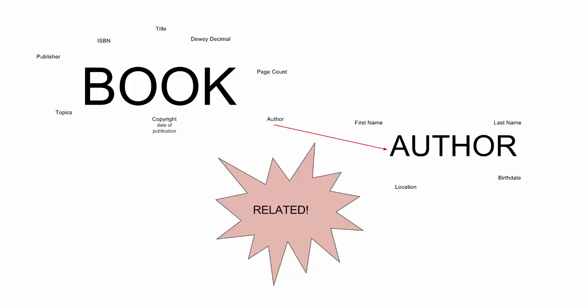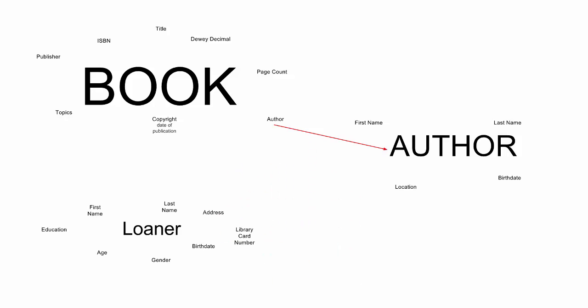You have people that are loaning or taking books out of the library. So now you've introduced this entirely other data element or construct of a loaner. That loaner, similar to an author in some respects, has a first name, a last name. You're going to capture their address, which includes things like street address, city, state, zip.